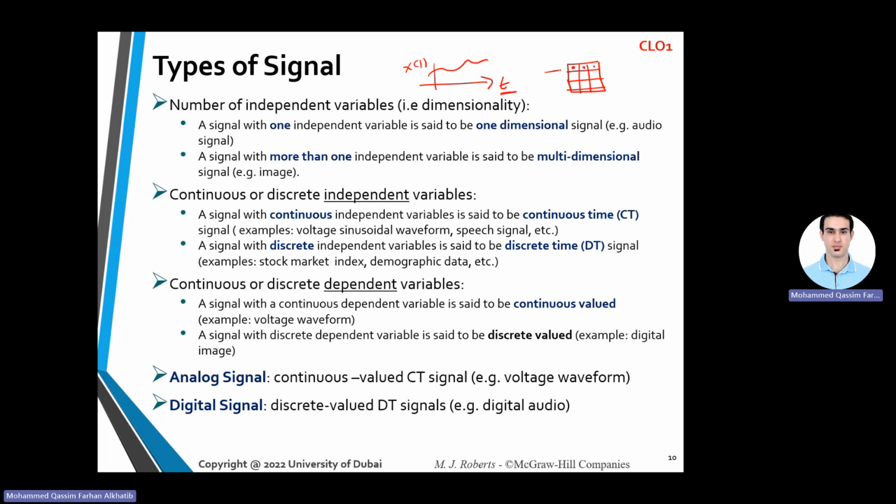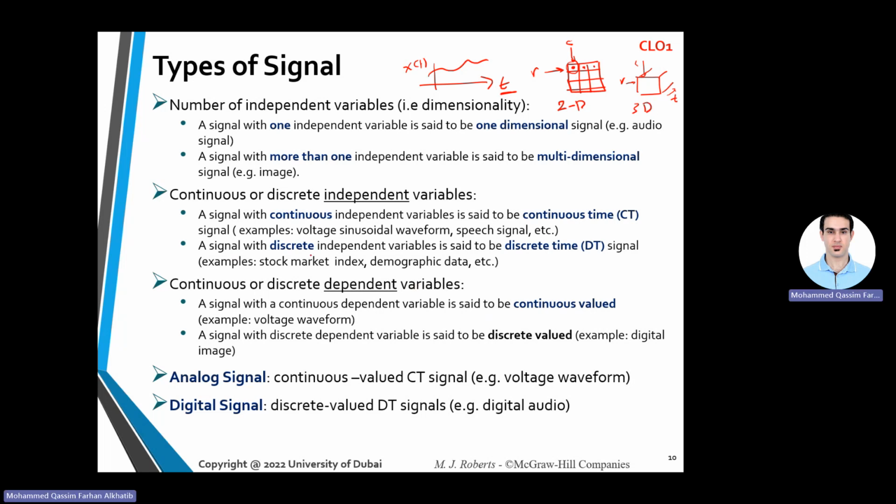We have a row index and a column index, and we need these values of the row and column to retrieve the information in that pixel. We call it a 2D, or two-dimensional, signal. An example of a 3D signal is a video. You have the rows and columns, but you add a third dimension, that's time. Each image is considered a frame, and you have a three-dimensional signal, 3D.